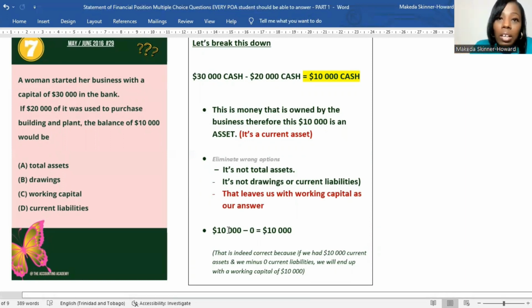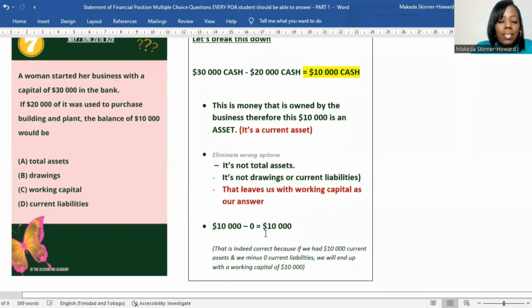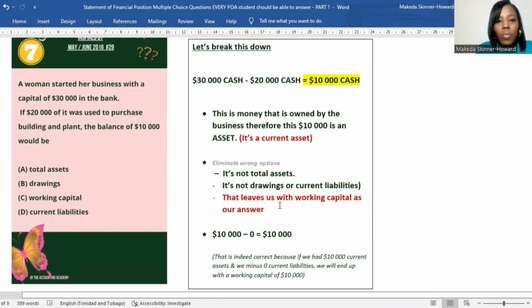If we have no current liabilities, we're going to end up with 10,000 current assets minus 0 current liability, which is going to leave us with 10,000 as our working capital or our net current asset. All right. So that 10,000 is indeed our working capital or net current asset, as I just showed you. All right. So interesting. Let me know if you understand.